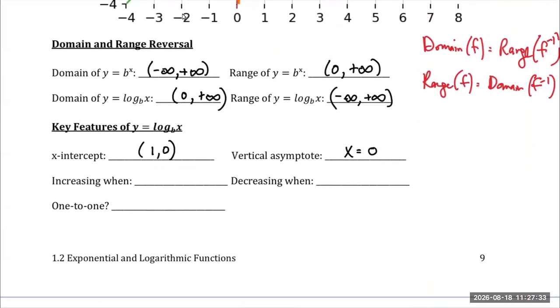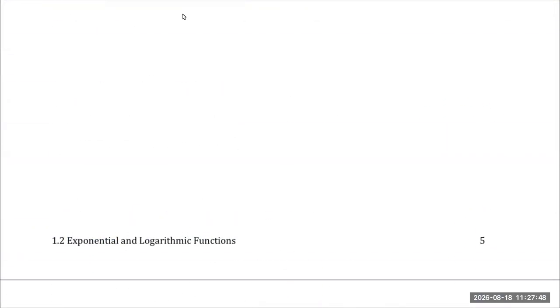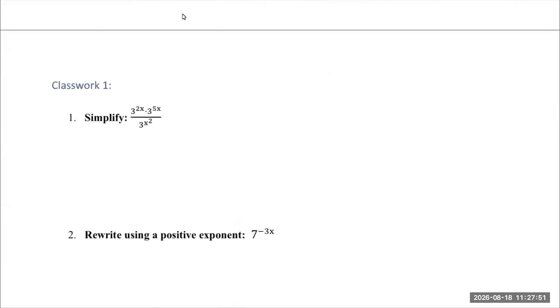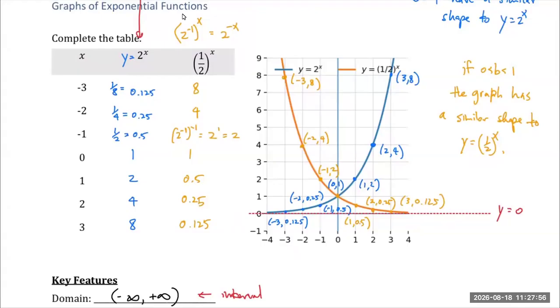So it's increasing when the value of b is greater than 1. And if you were to look at this orange graph over here, and you were to invert it about the line y equal to x, the graph would look something like this.